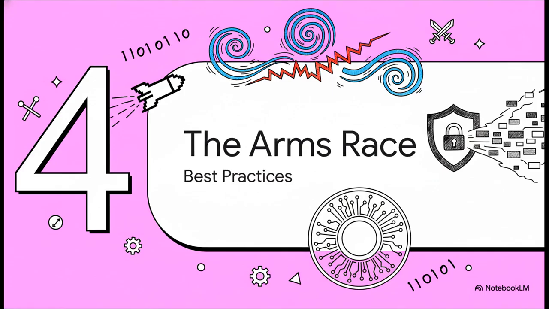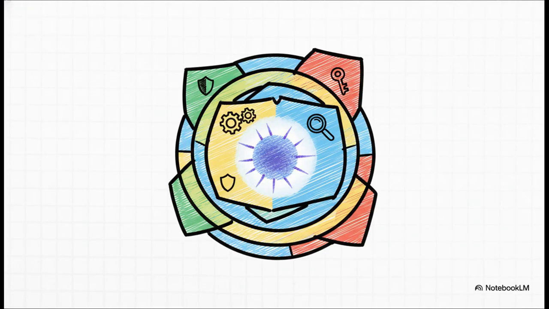Which brings us to probably the most important question for anyone out there who's actually building software. How do you stay safe in the middle of all this? Let's talk about the best practices that have come out of this long, hard-fought battle. And look, the big lesson here is that there is no single magic bullet. Modern security is all about defense in depth, having multiple layers.